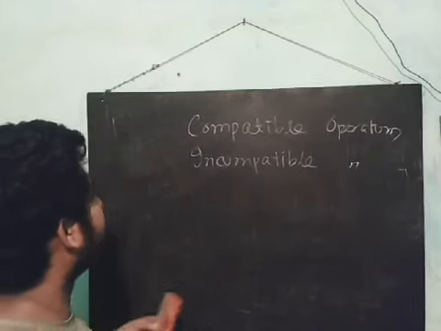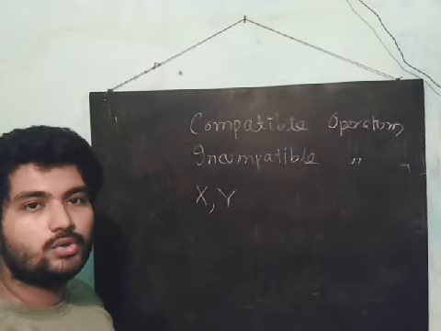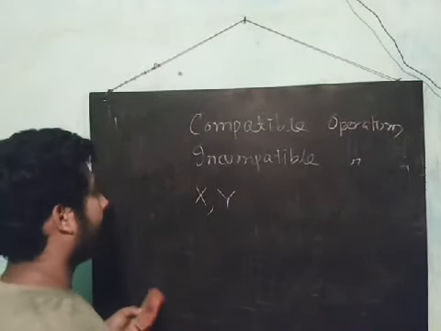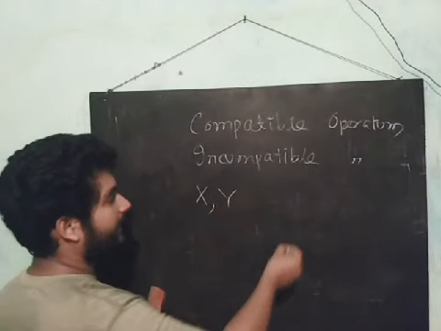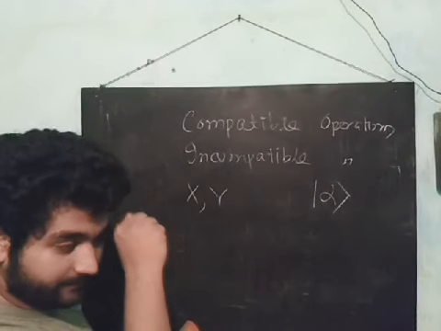So compatible operators are, suppose I have X and Y, two operators, and suppose I have a state alpha.